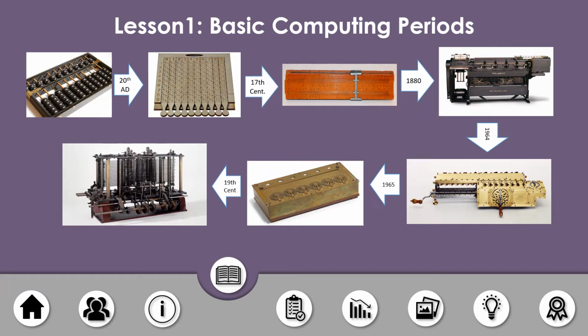These are the different shifts of the computing tools for the computing periods. And as of now, we use diverse tools for computing. We now have different kinds of calculators. We even have computers, which nowadays are very functional. They can work multiple functions at the same time.